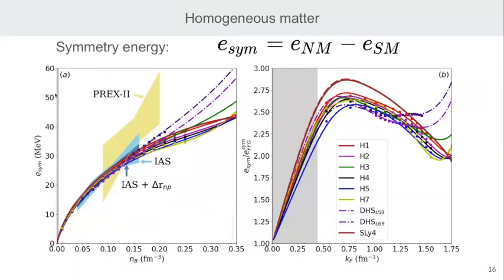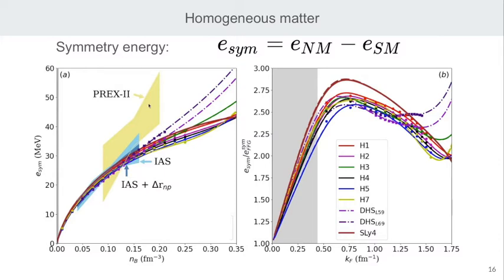Here I plot the energy with respect to the baryon density, and on the right, again, normalized by the free Fermi gas with respect to the Fermi momentum. And I can compare with experiments. The blue here are isobaric analog states, and we see that the Chiral EFT Hamiltonians are really inside the band predicted by these experiments.